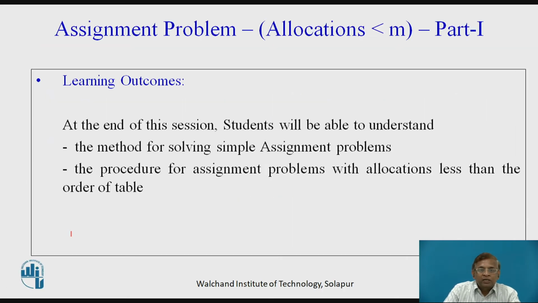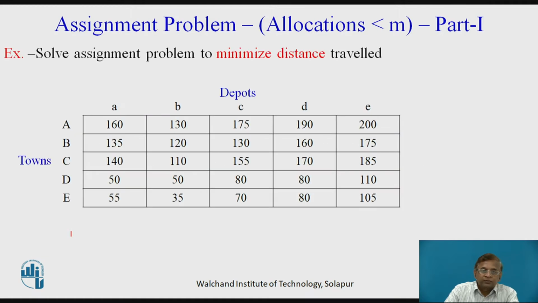We'll be discussing this in two parts. At the end of this session, students are expected to understand the basic method of solving assignment problems, as well as the procedure for assignment problems when the number of allocations is less than the order of the table or order of the matrix. Now this is the problem given, wherein it's a 5 by 5 table.